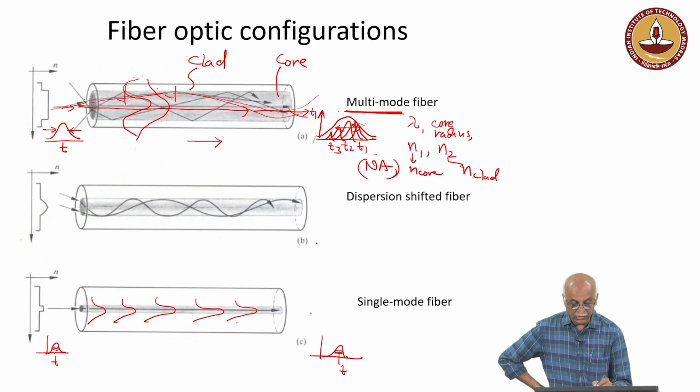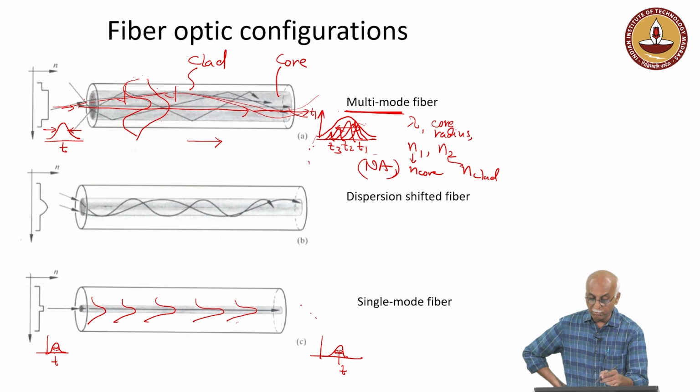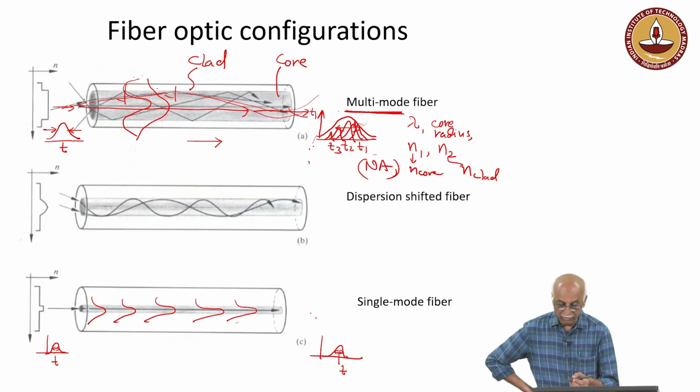And what particular parameter decides multi-mode or single mode fibers, we will see in the next slide, but it is determined based on wavelength, core radius and numerical aperture values.